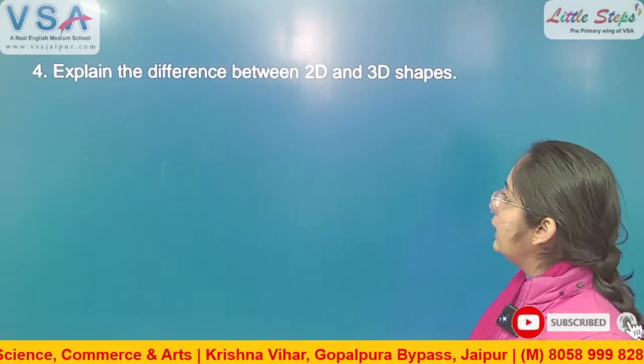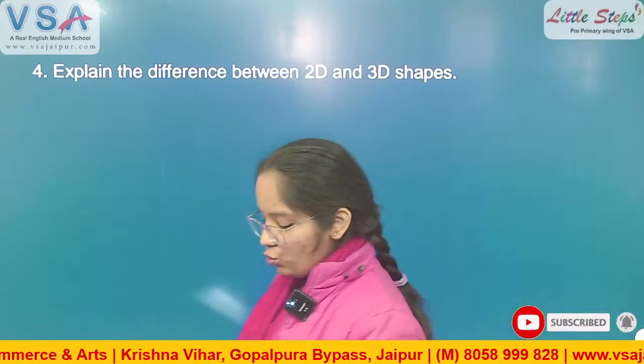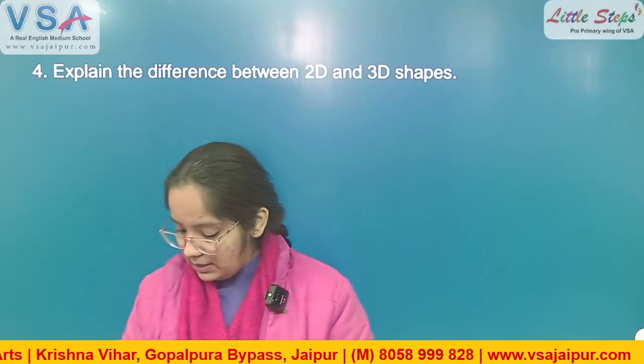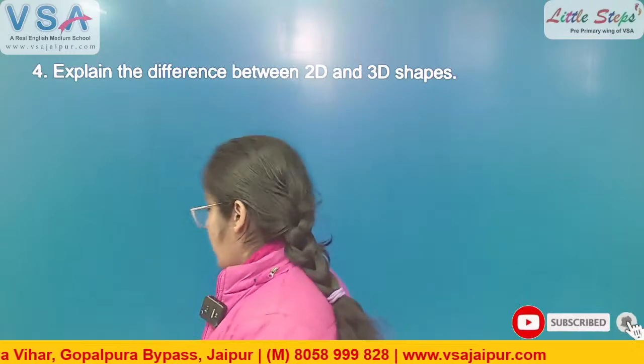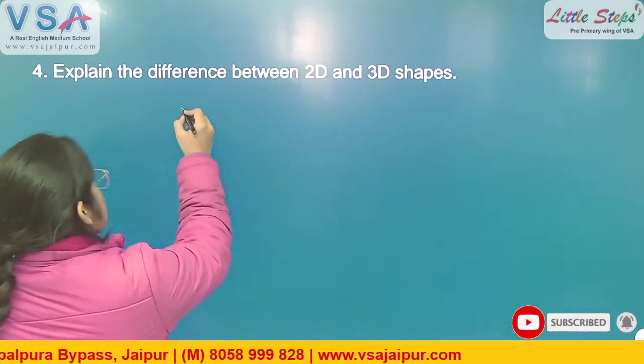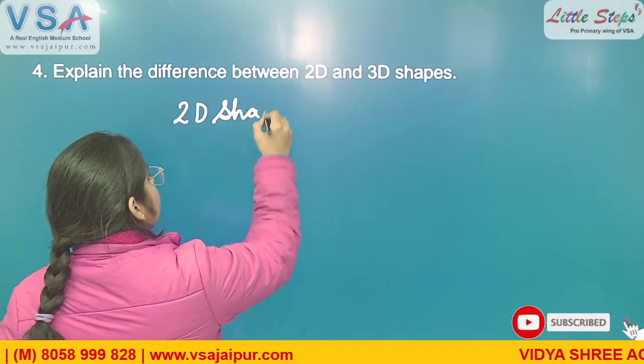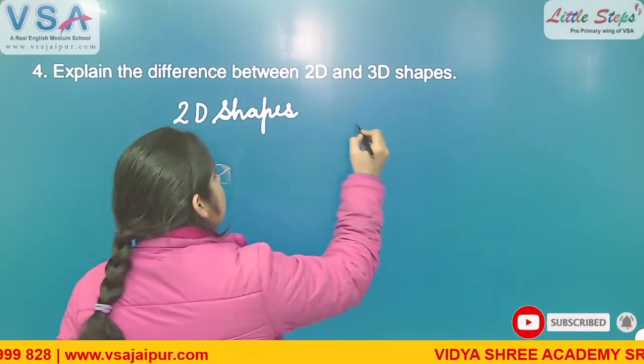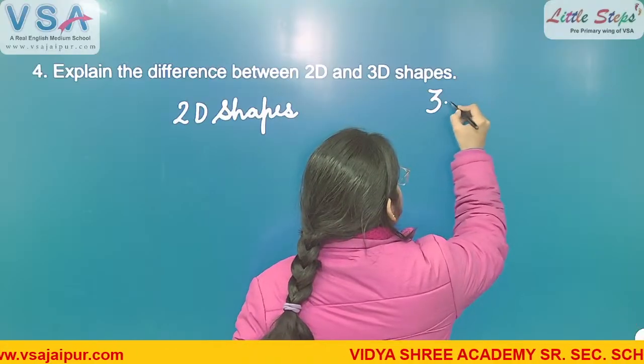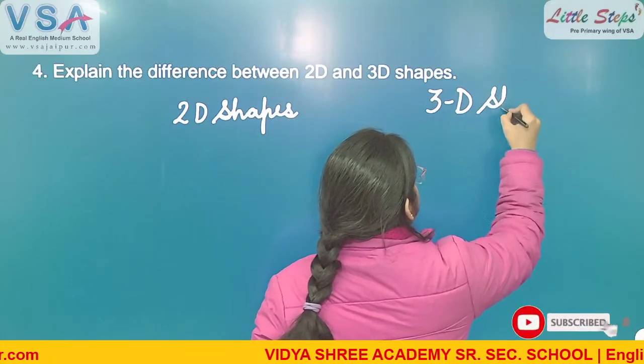Okay, let's move ahead. Explain the difference between 2D shape and 3D shape. This is an important question for you all, as you should know what the differences between 2D shapes and 3D shapes are.